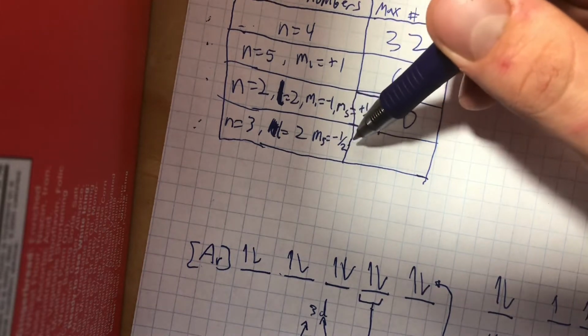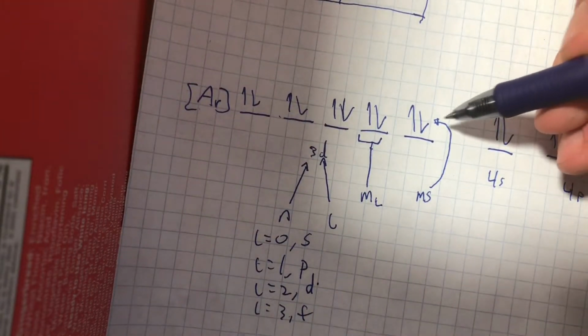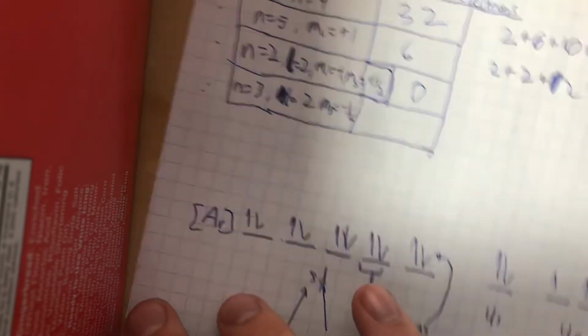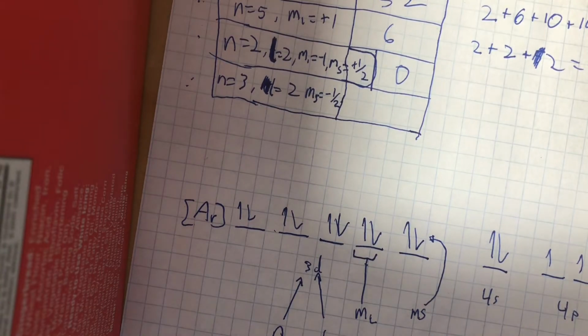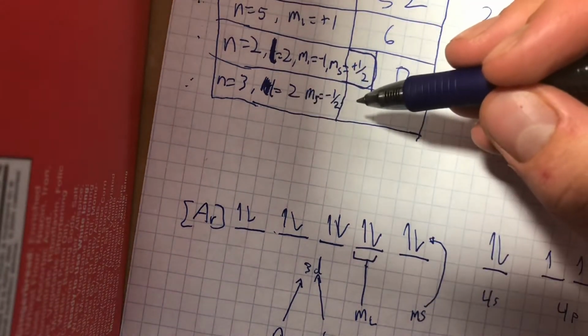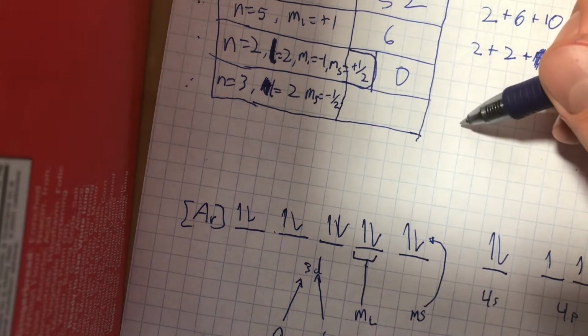And MS equals negative 1/2. Now remember, MS is just the spin on the electron, either plus 1/2 or minus 1/2. So really just dividing by 2 here is what it means. So N equals 3 and L equals 2. That's the 3D subshell.